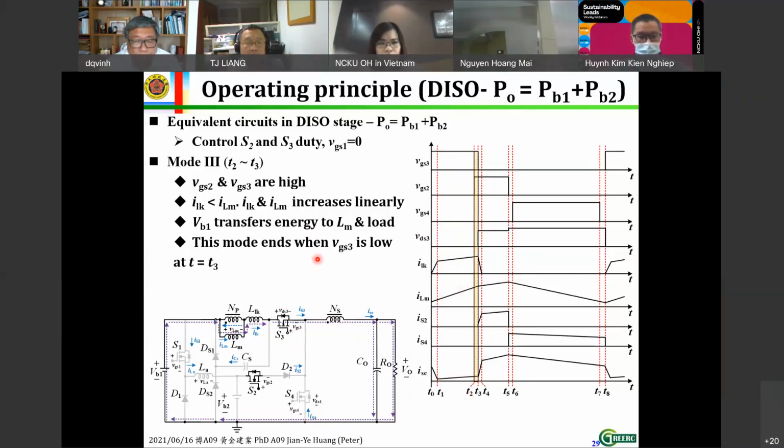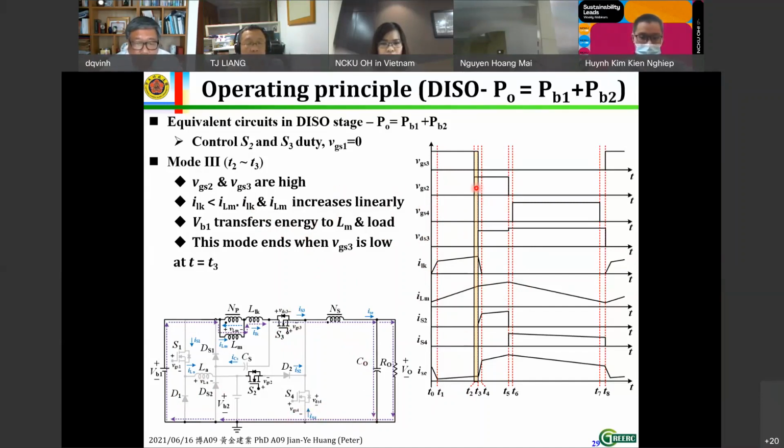In mode 3, VGS3 and VGS2 are high. The ILK is smaller than ILM, and ILM will increase linearly. The VB1 will continue to transfer energy to LM and load.